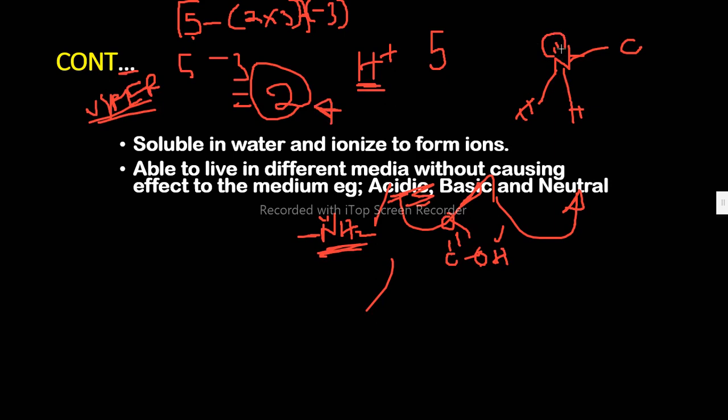And so they are the ones that are donated to the proton when it's coming to join this nitrogen. The ease at which you donate these electrons determines how high your basicity is going to be.